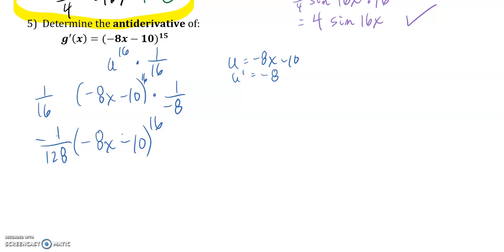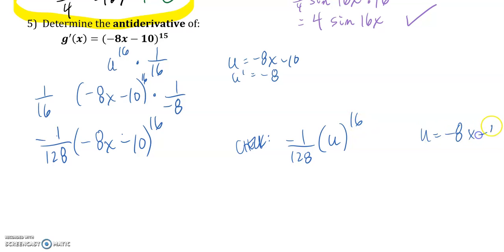Okay, so check. Take the derivative of that, and it should turn into the original problem. Negative 8, let's make this the u, and u is negative 8x minus 10.